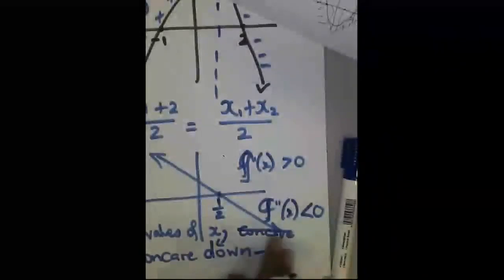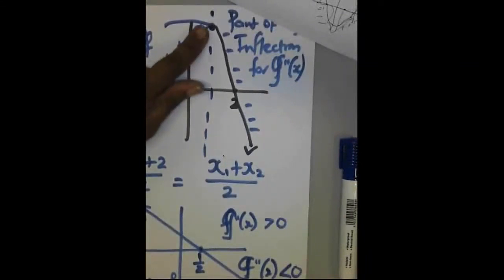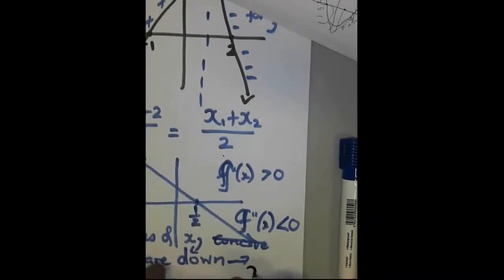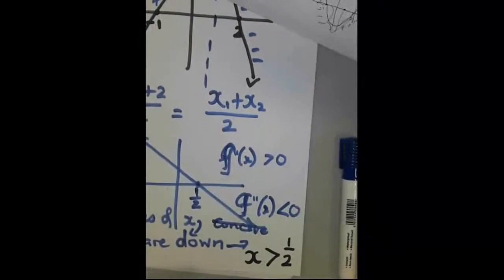In other words, my answer to this question, where is the sketch concave down? Where is it negative? Can you see it's negative when I start at a half and go to the other side? So x larger than a half is where this particular sketch is concave down. And that is how I get it.